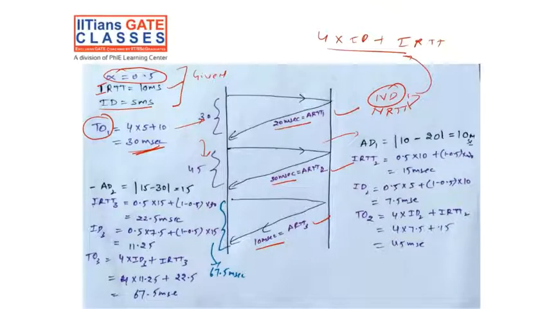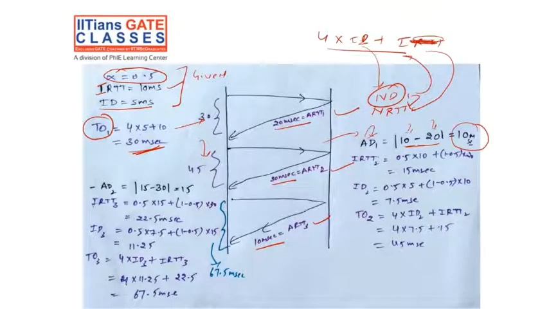In the place of IRTT, the new RTT will be there, and in the place of ID, the new deviation will be there. How will you calculate it? Your actual deviation in that segment is 10 minus 20, because your initial round trip time is 10 and the actual is 20. So 10 milliseconds is the deviation.